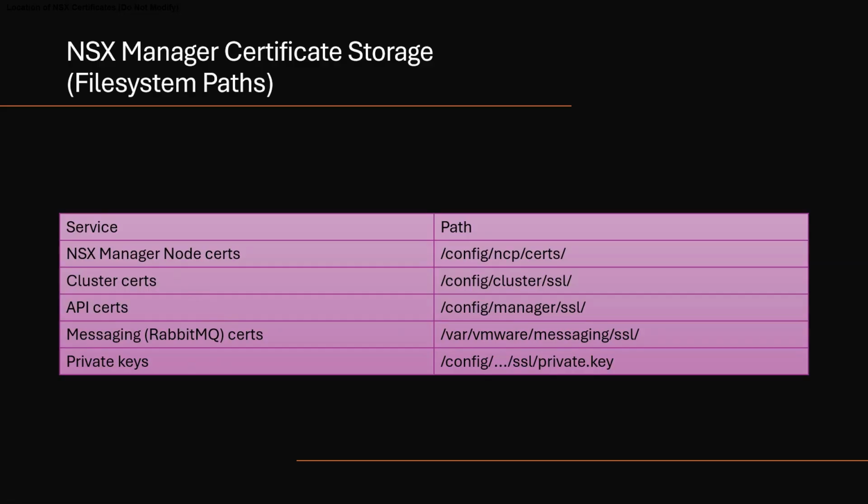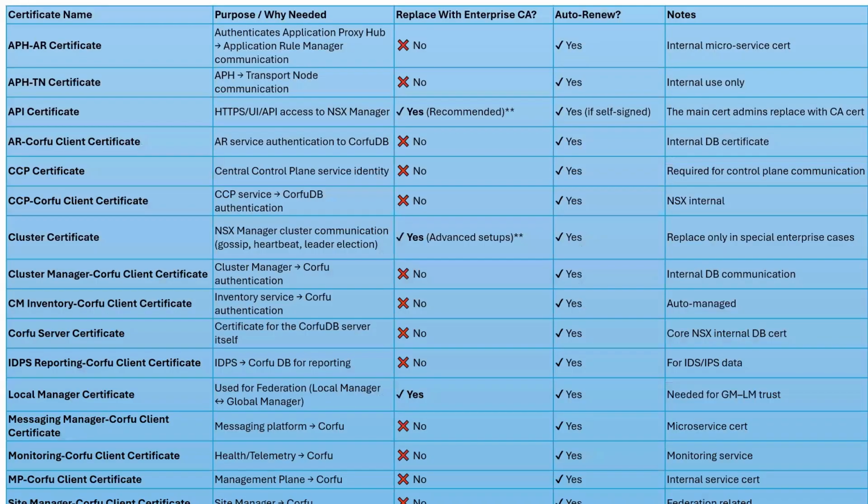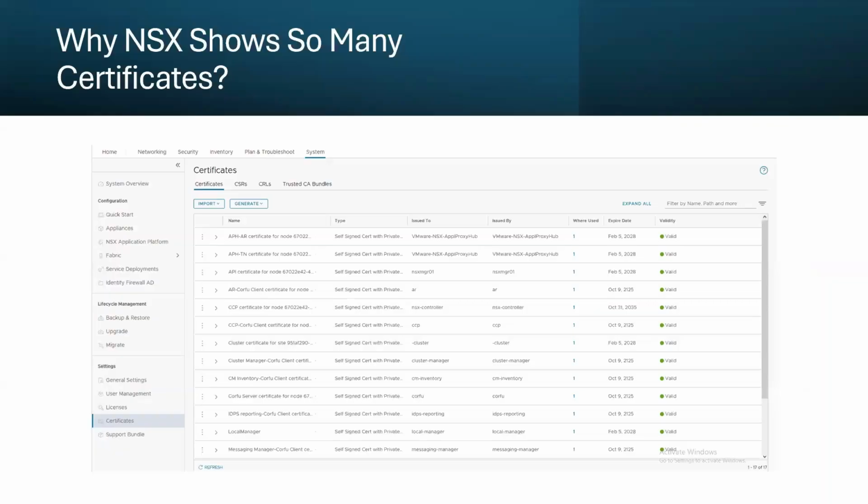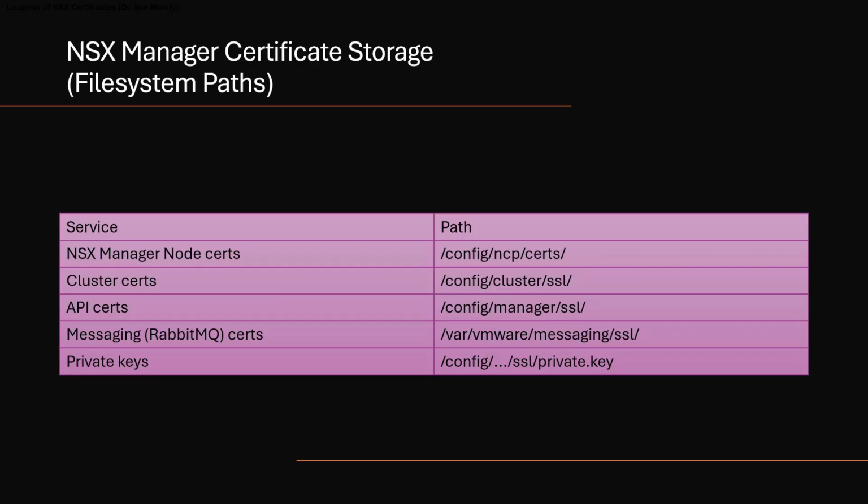So in the graphical view, all the certificates have been stored under this folder called config. Inside the config, you can find multiple services' certificates. If you find time, just explore these one by one. You'll get some idea of how it is stored there. For example, I just explored a single certificate.